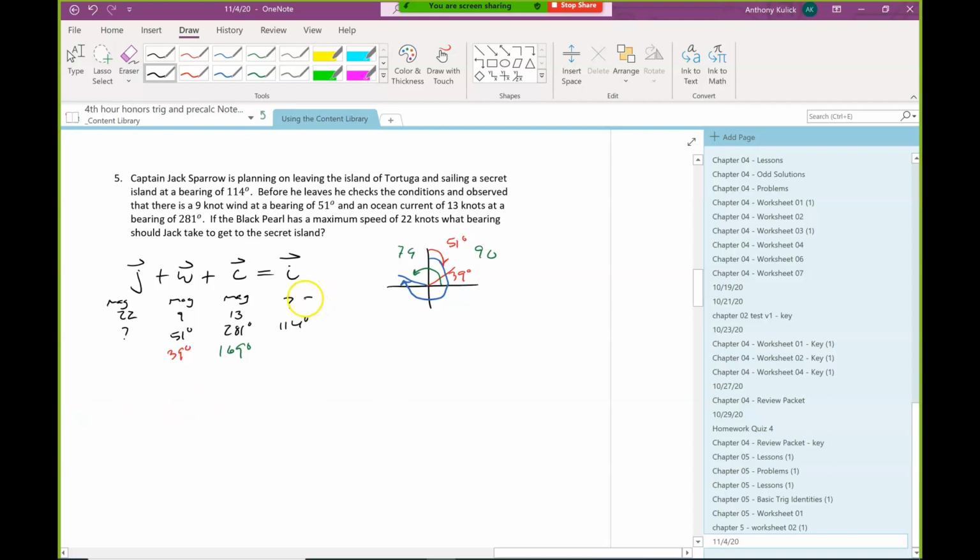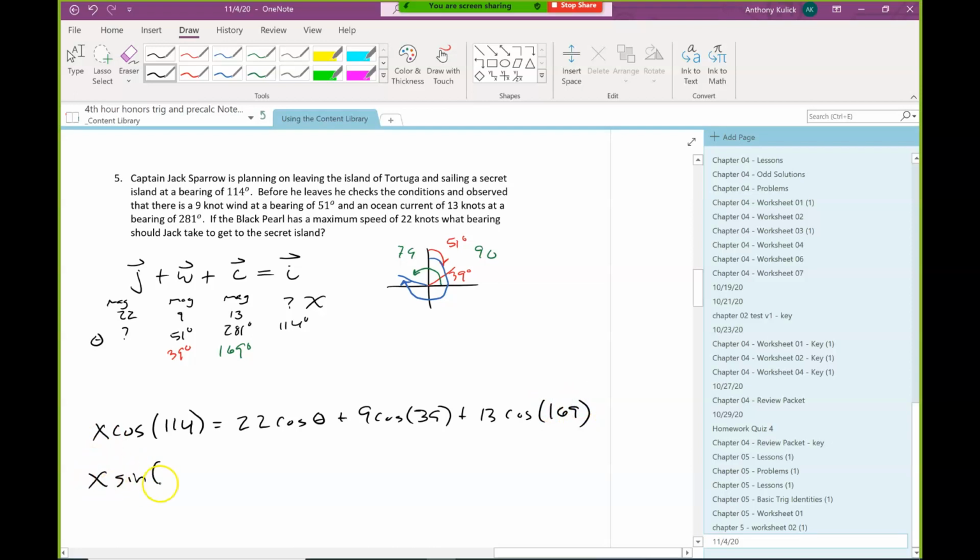So I'm going to call this length x. I'm going to call that bearing theta. So I can say x cosine 114 is going to equal 22 cosine theta plus 9 cosine 39 plus 13 cosine 169. And then I can say x sine 114 is going to equal 22 sine theta plus 9 sine 39 plus 13 sine 169. Are you happy with that?